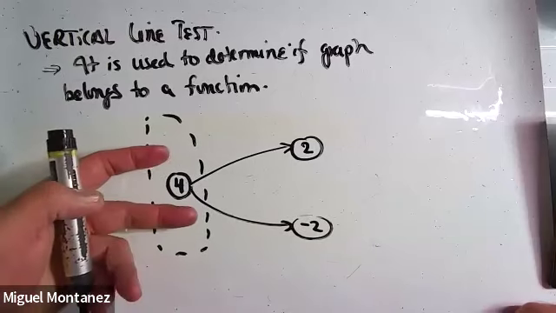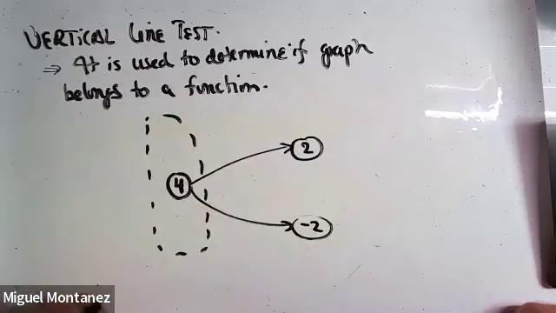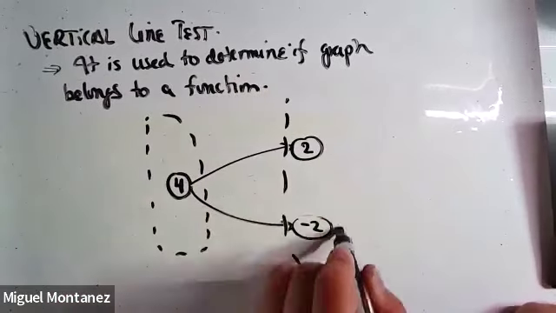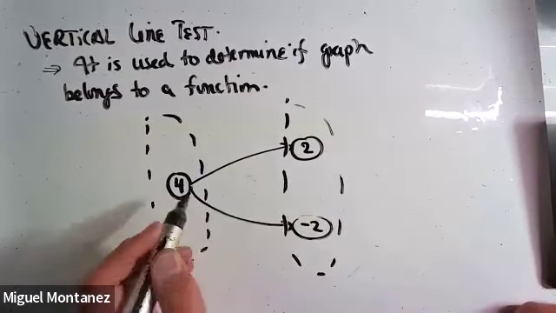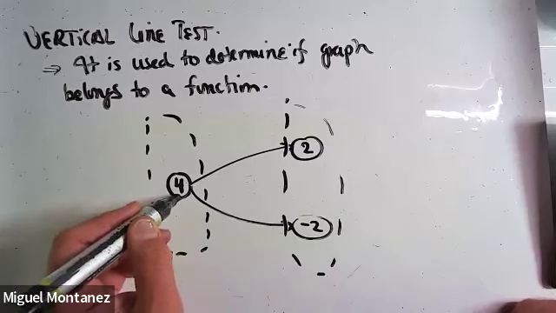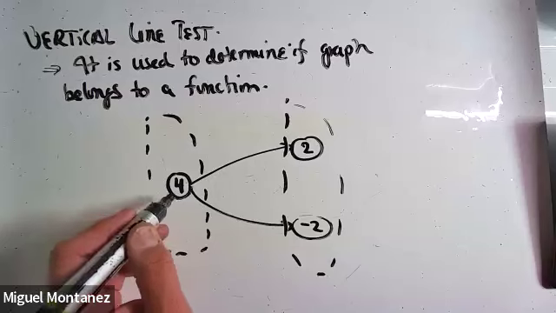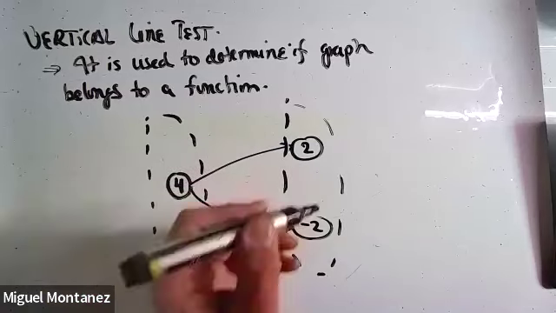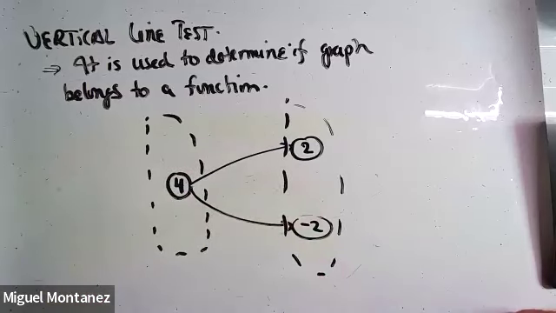Because to be a function, the number 4 cannot go to more than one place in the output. When the input is 4, it must have exactly one output, not two outputs.